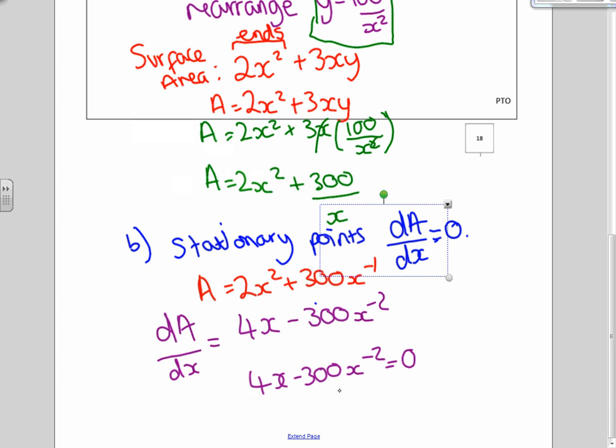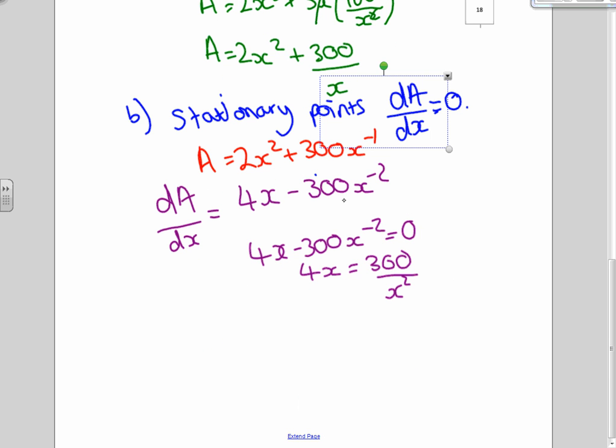So I'm going to take my minus 300 x to the minus 2 over to the other side. So that's 4x equals 300 over x squared, just taking the x to the minus 2 on the bottom. And then I'm going to move my x squared up here and my 4 down here. So that gives me x cubed equals 300 over 4, which equals 75. So x will be equal to the cube root of 75.